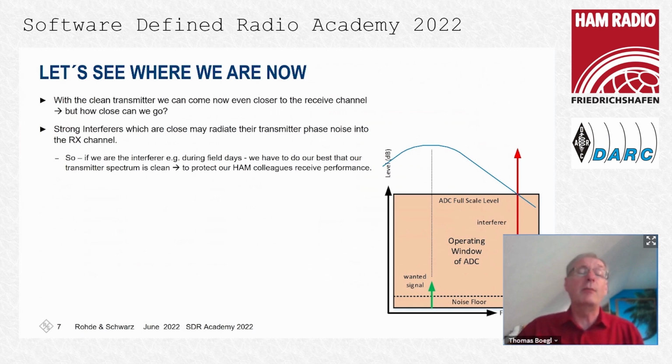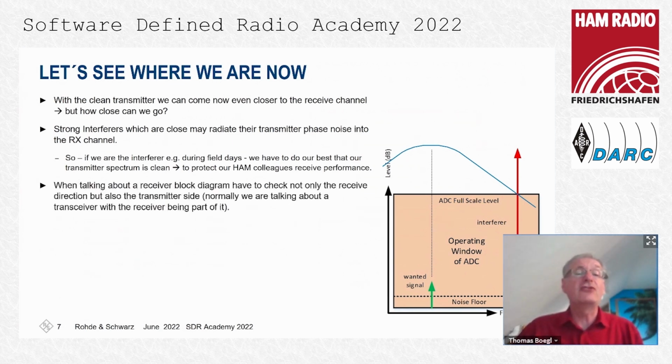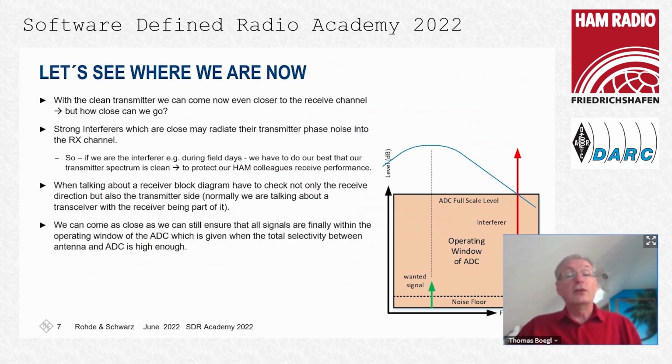So that means when we are talking about receiver concepts, we are finally talking about concepts for transmitter and receiver at the same time. So it's finally a transceiver discussion. And the receiver part is only one part of it. And the transmitter is one part of it because we are normally double using some resources like filters. So the question is, how close can we go? And the answer is quite simple.